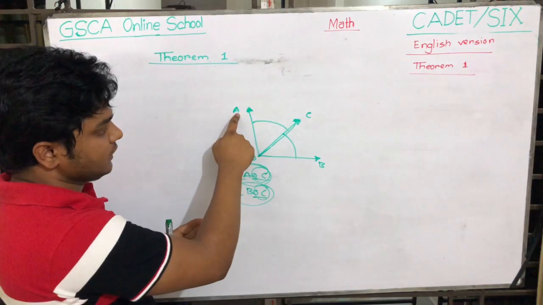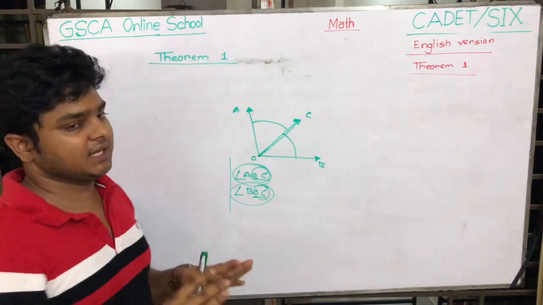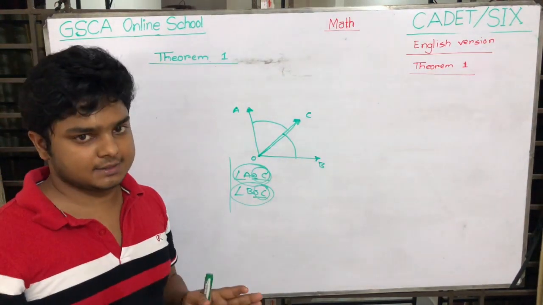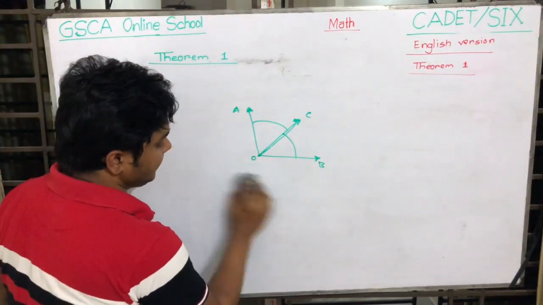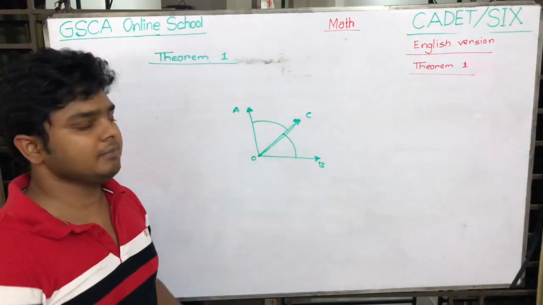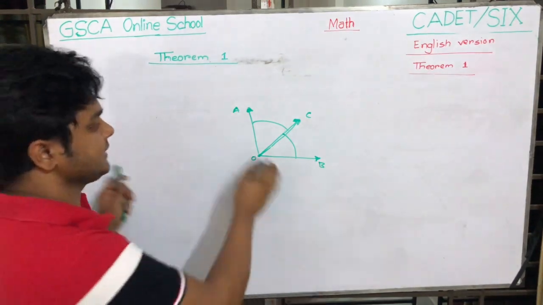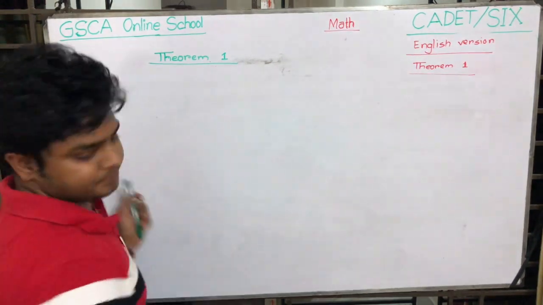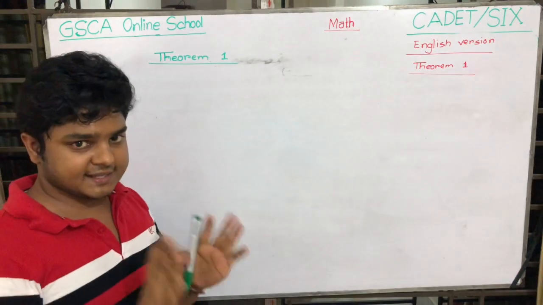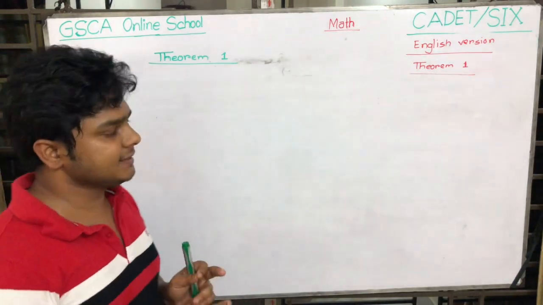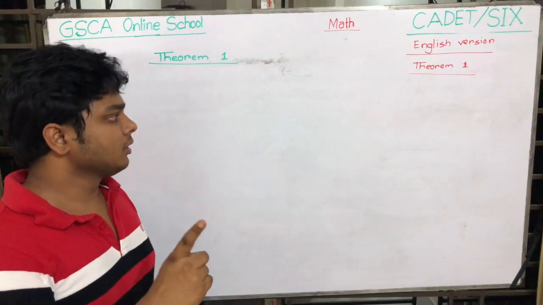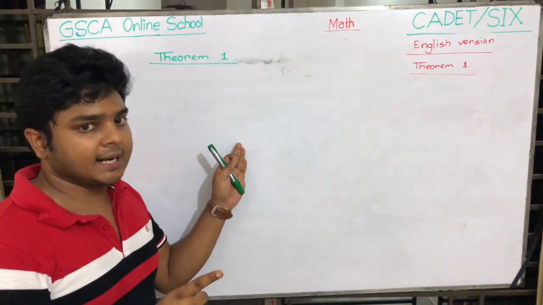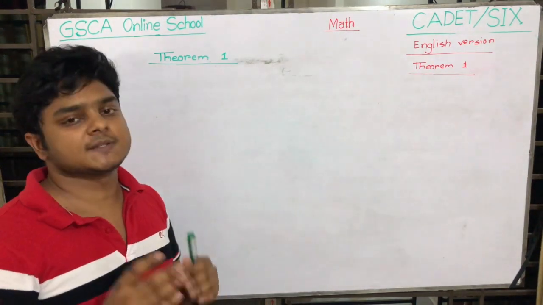If we only talk about AOC, it can't be adjacent. So for adjacent, there should be a minimum of two angles. Are you clear about adjacent angles? The two angles should have a common vertex and a common side.